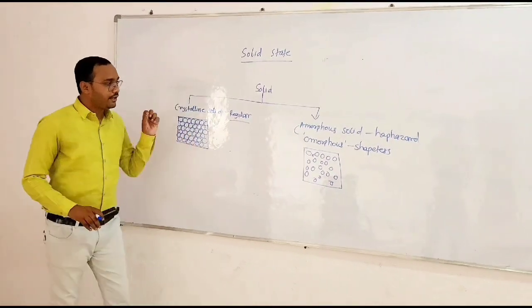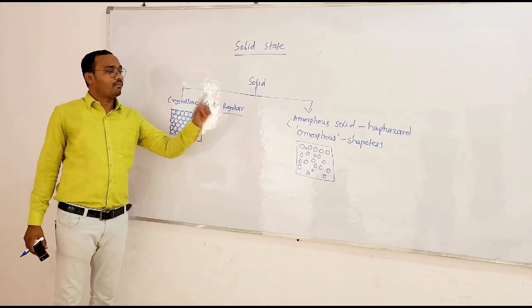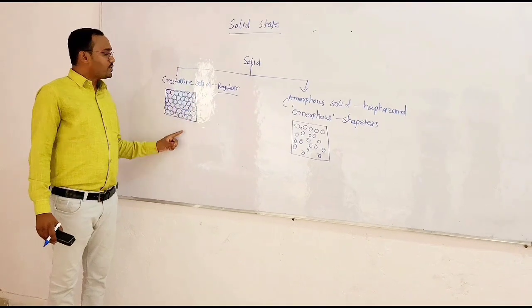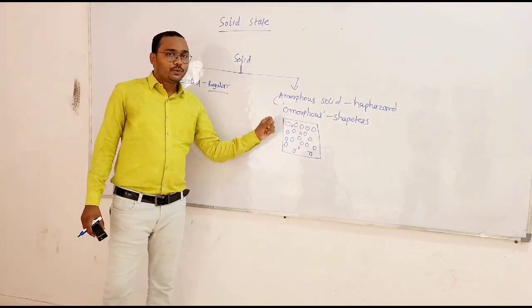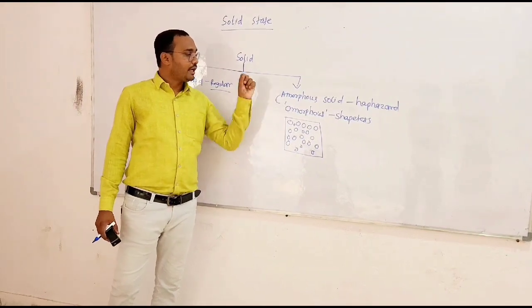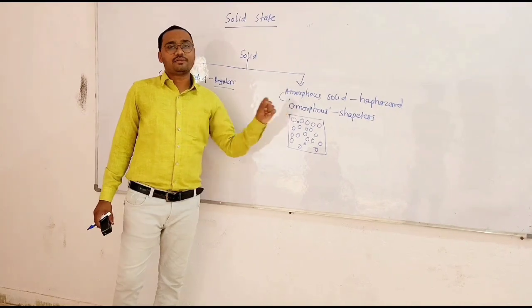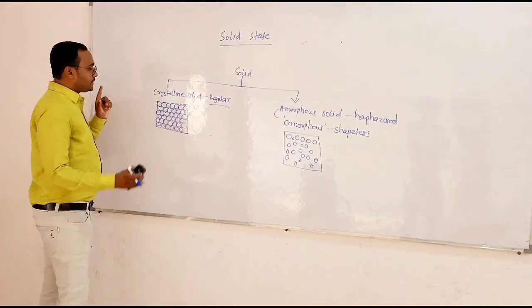That is the main differentiating point between crystalline and amorphous solid. Crystalline solid has a regular arrangement of constituent particles, but amorphous solid does not have a regular arrangement of particles, that is haphazard arrangement of particles. So this is the main important point.